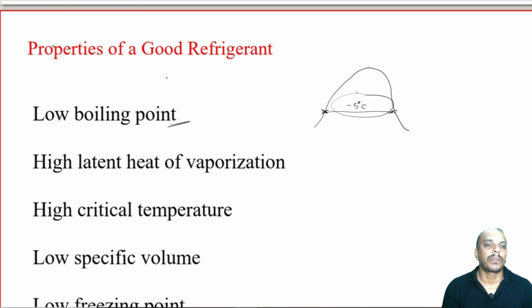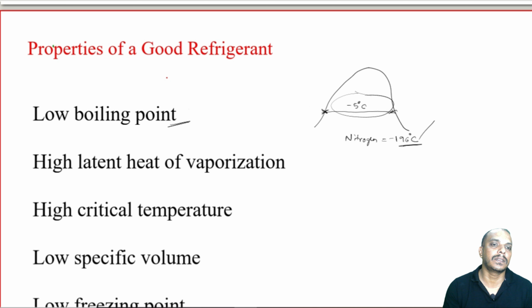For example, we have nitrogen whose boiling point is minus 196 degrees Celsius. So, it can be used to give you a cooling of minus 196 degrees Celsius, and at the same time it also becomes difficult for us to store liquid nitrogen. If at all you want to store at atmospheric pressure, you will have to cool it to minus 196 degrees Celsius.